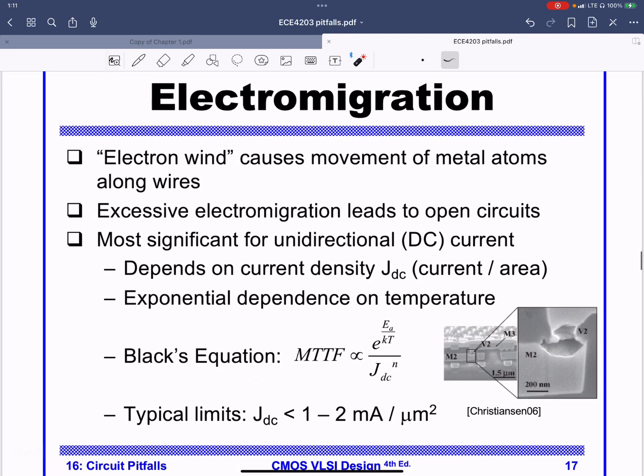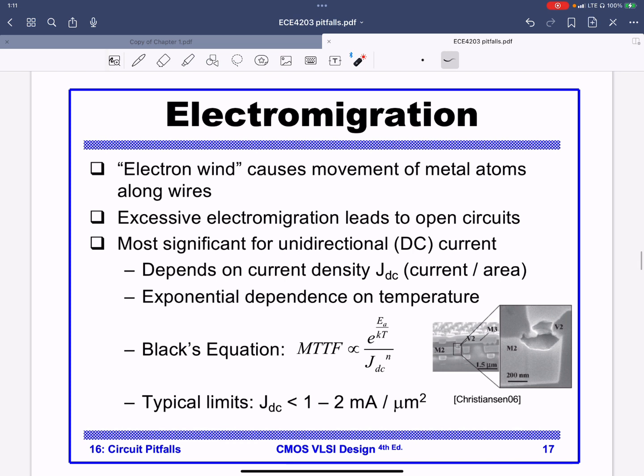Okay, so that was the MOS transistors. Then there is a way that metal lines can themselves break down. These are the interconnections between the transistors, and this is called electromigration, which is a very interesting effect.